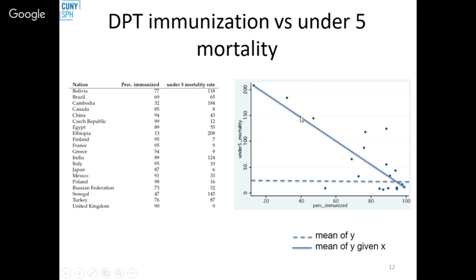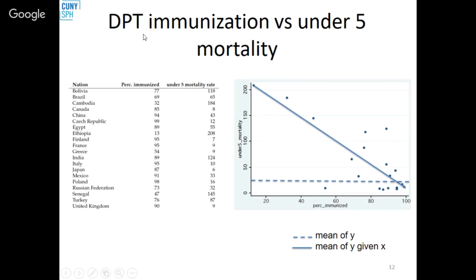So presumably there are, well, one thing to consider is that, again, this is a correlation, it's not causation. Surely not all of these mortalities are being caused by diphtheria, polio, or tetanus. Some of this is just immunization as a marker of a robust public health infrastructure.